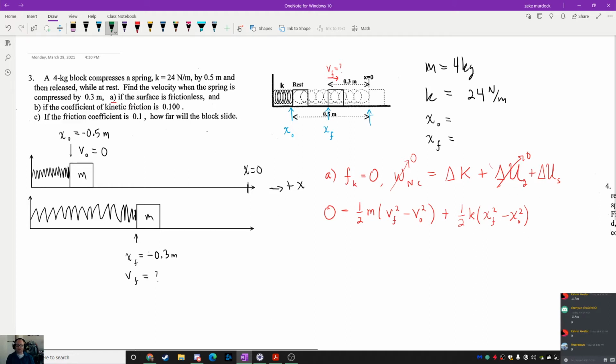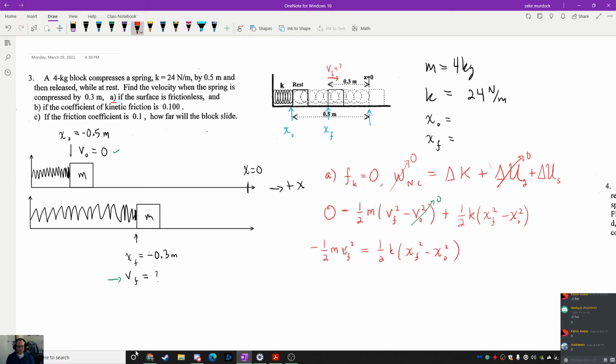Okay, the next thing we're going to do is look at what we know. So we know that V naught is 0. We're looking for V final, so let's move the V final to the left-hand side of the equation, and then let's solve. So we're going to have 1/2 m v final squared, so when I move it to the left-hand side, it's going to become negative 1/2 mass times final velocity squared is equal to 1/2 of k times x final squared minus x initial squared.